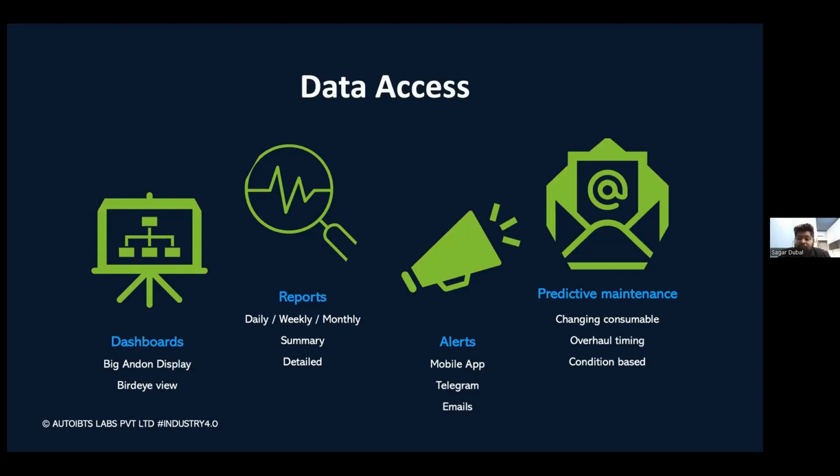Then when things are not going the way that they should, that is when we detect an anomaly, alerts can be sent. Alerts can be sent on a mobile application, on Android phone, Apple iPhone, or through Telegram alerts. Or if you want them to be sent by email, that can also be done. Let's say your power factor is going down, we'll warn you. If your voltage imbalance is going higher, we'll warn you.